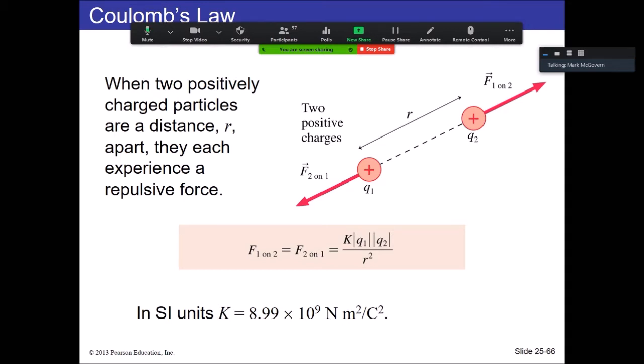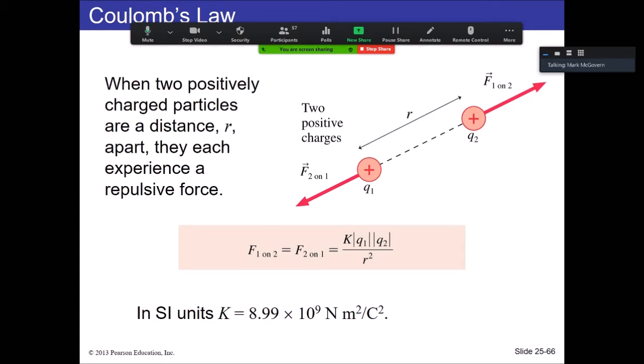And we're going to start with the easiest stuff and work our way up. And the easiest stuff is the point charge. So in the example here, we have two positive charges. They have magnitudes Q and 2Q respectively, something in coulombs, right? And they will experience a repulsive force.